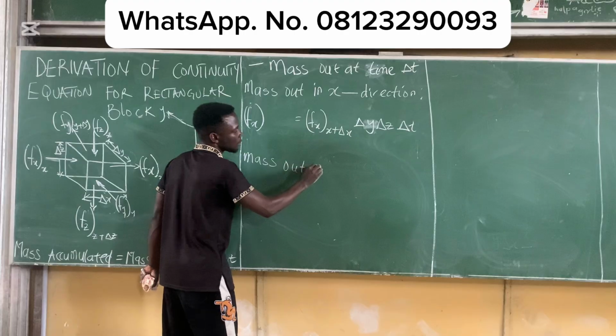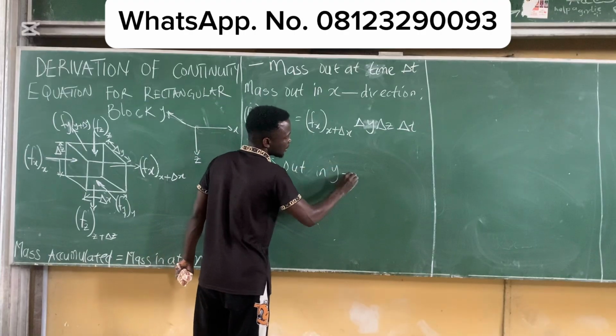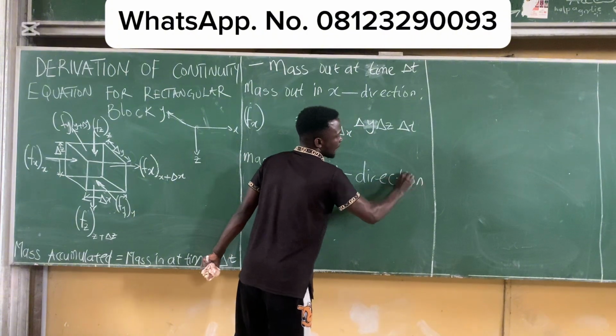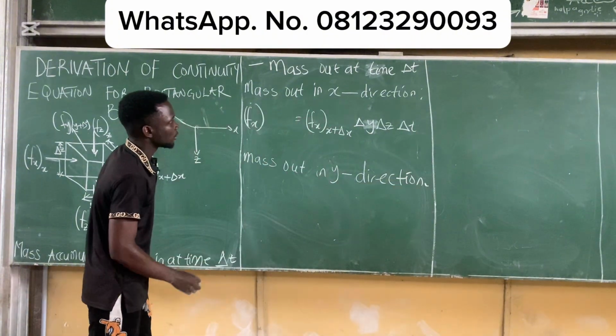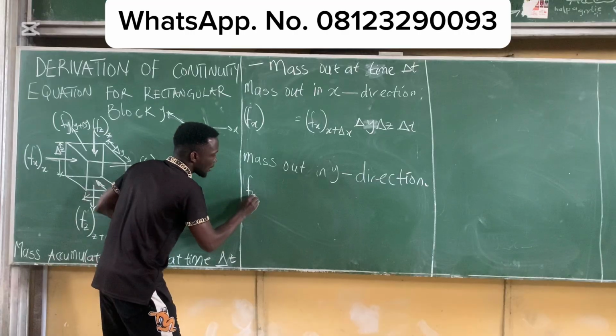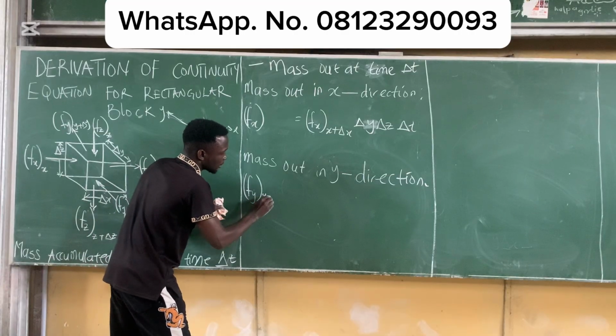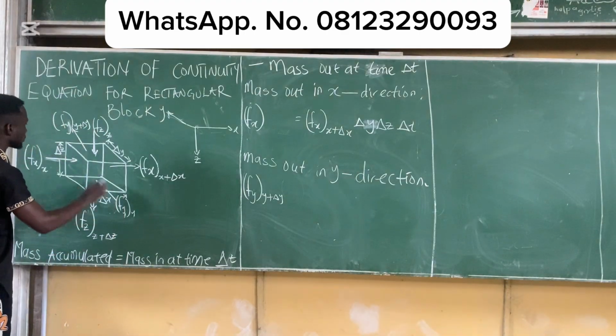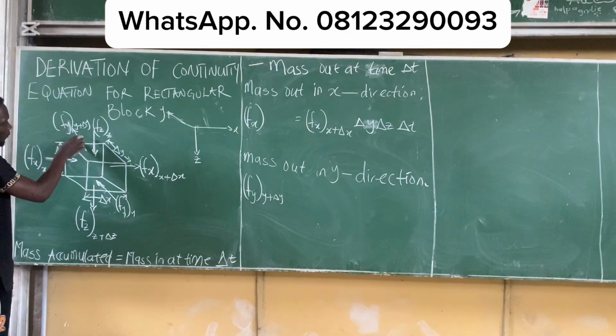The same concept is applied for mass out in y direction. Mass out in y direction is the same thing as F of y at y plus delta y. Remember, for y, we are considering this one, so it flows out from here. The ones that flow out are F of y at y plus delta y.